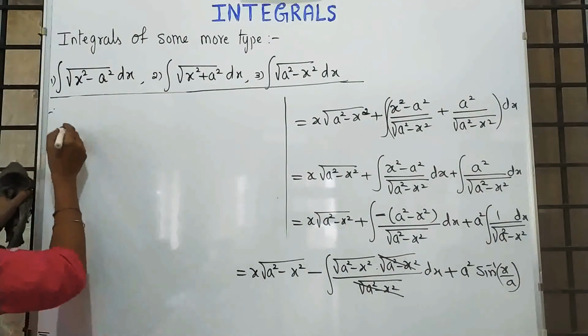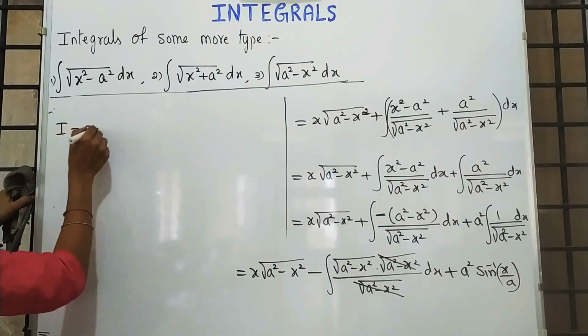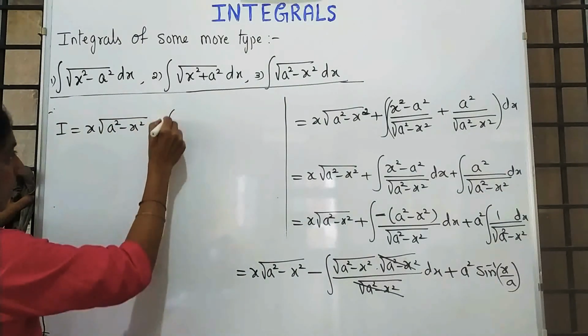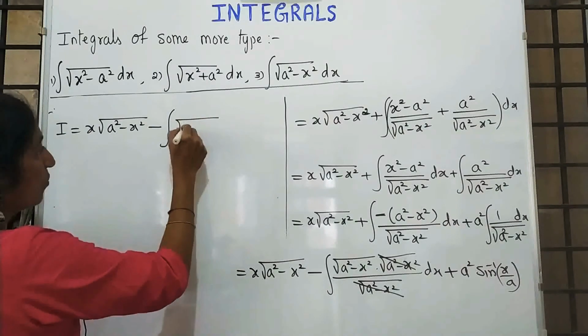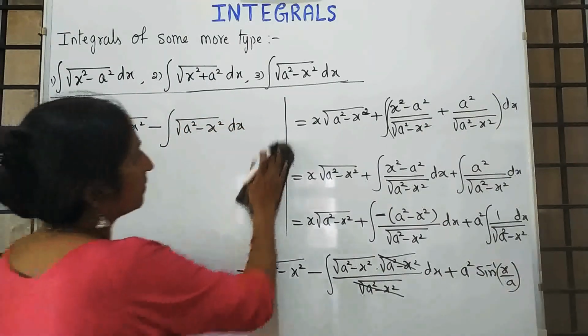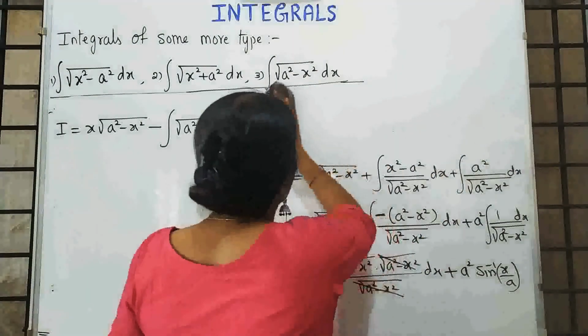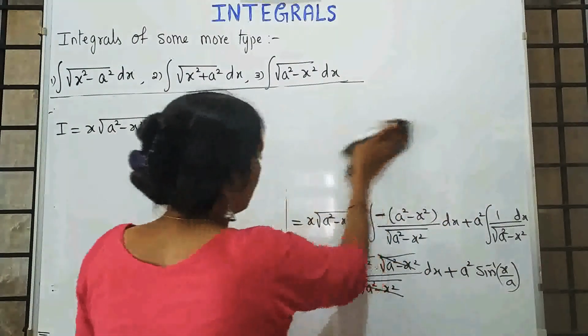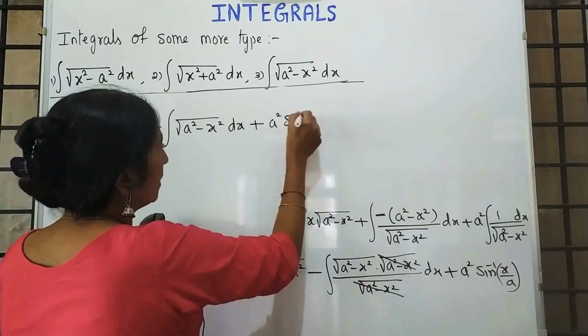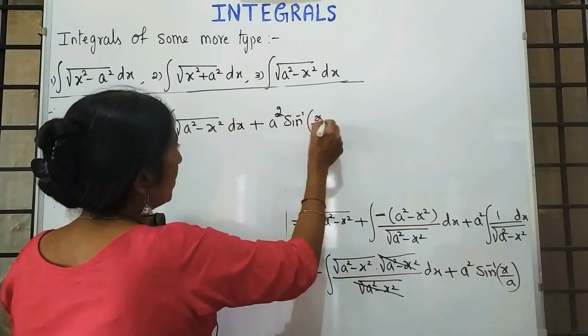I is equal to x into root of a square minus x square minus integration sign root of a square minus x square into dx plus a square sine inverse x by a.